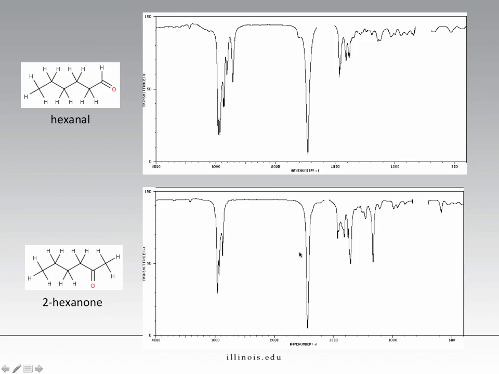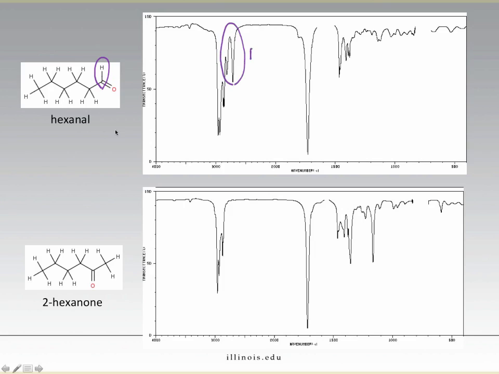use a different stretch, which I did not talk about earlier, because it sometimes shows up and sometimes doesn't, but it can be useful. If you look at the structure for hexanal, we have a unique CH stretch. This hydrogen attached to the carbonyl carbon, that bond is special. That shows up in a particular location in a particular shape, which we can see here.